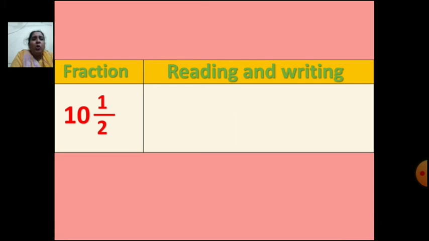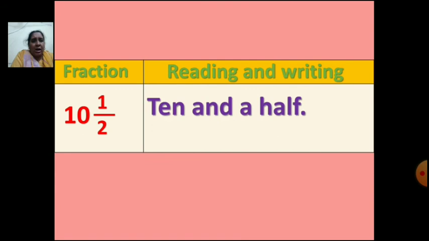So what will be your answer? 10 and a half. What is your answer, children? 10 and a half. Okay. Remember, for 1 upon 2 we call a half. So answer is 10 and a half.